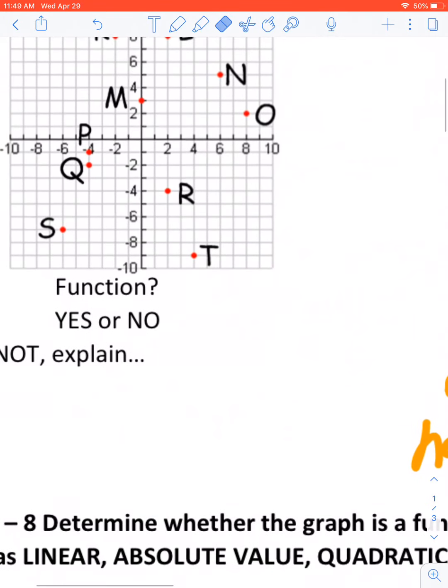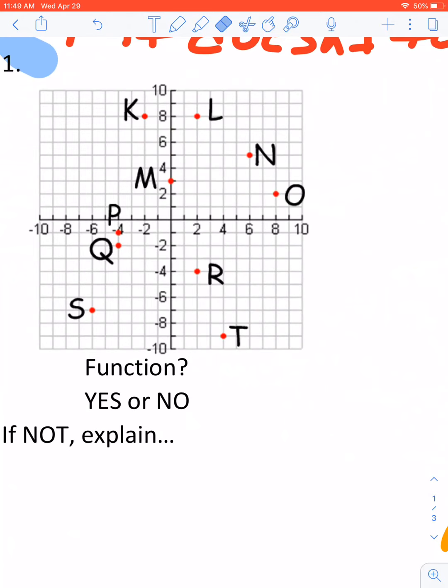So let's look at the first one. I'm going to look and say, can I draw a vertical line somewhere where it touches more than 1 point? Well, let's see. If I draw a vertical line here at O, it won't touch more than 1 point. Great. Let's try N. Nope. T. Nope. We're good. So far it's a function.